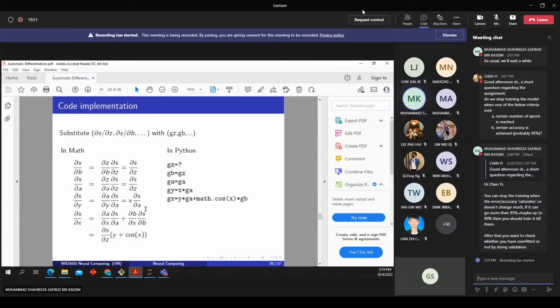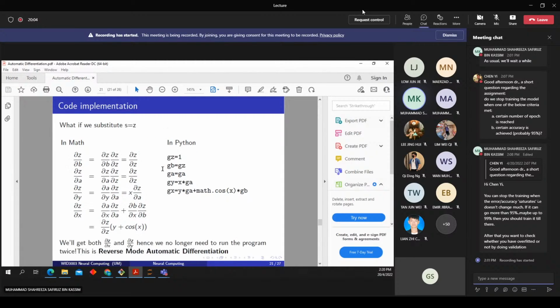Now, how do we implement this in code? I'll skip a few parts because I'll be showing the details later. But to show you, if we substitute s with z, then we can get the partial derivative of z with respect to x and the partial derivative of z with respect to y automatically.